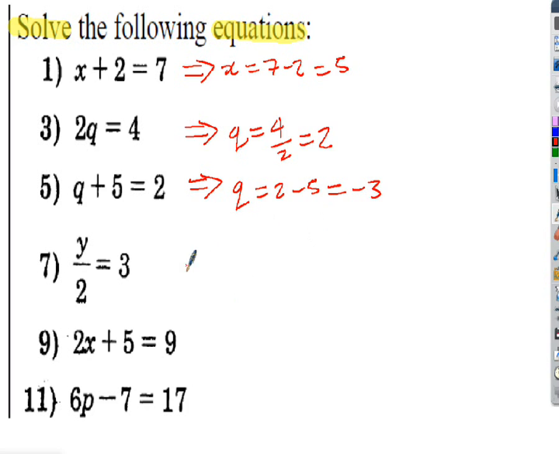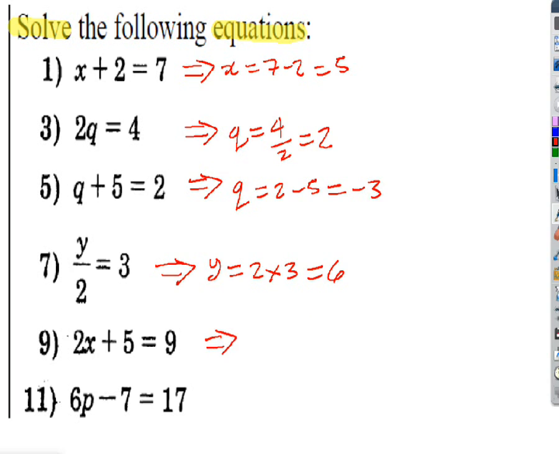Question 7, I've got y divided by 2 is equal to 3, so the 2 is dividing the y, so the inverse operation is multiply here. So therefore y is equal to 2 multiplied by 3 on the right hand side, or 6. Question 9, 2x plus 5 is equal to 9, so I need in this case to subtract 5 from both sides.